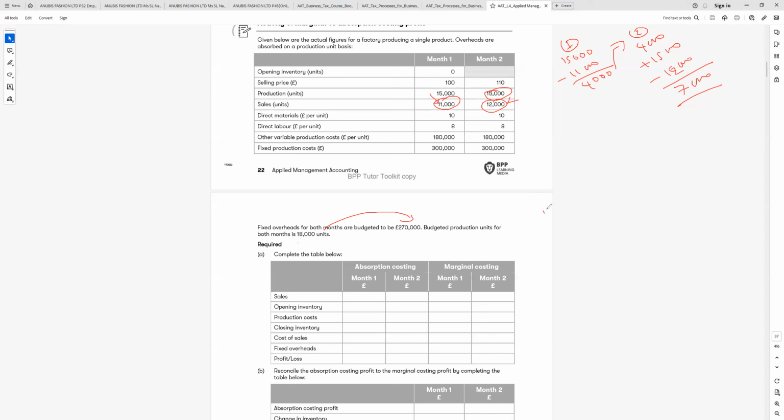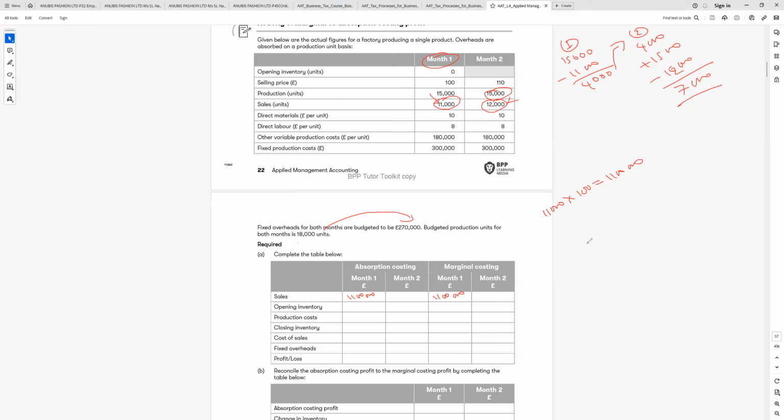So 11,000 multiplied by 100 per unit, that will give me 1,100,000. So it takes sales 1,100,000 and that's the same for both absorption and marginal. Remember that sales remain the same for both methods. Month 1. We are doing now month 1.